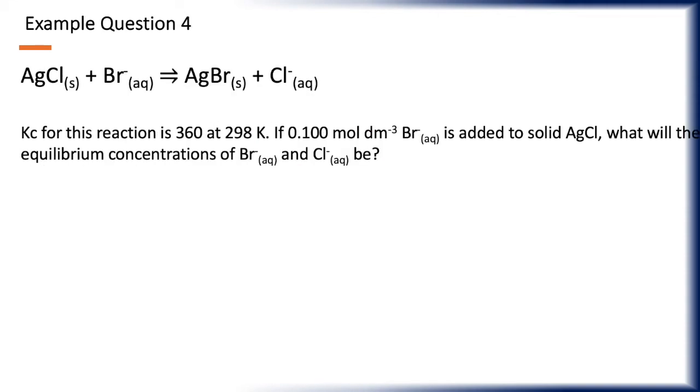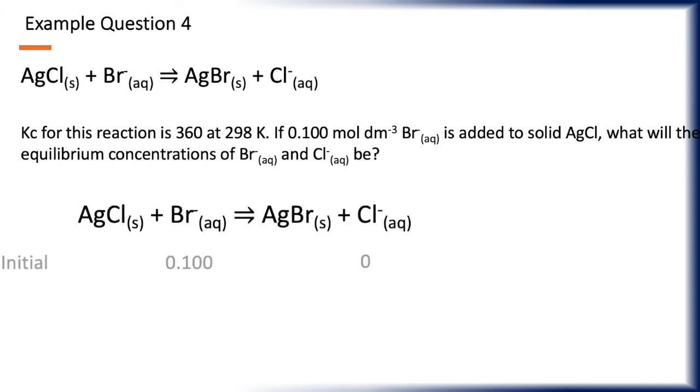Before then, we now have a heterogeneous equilibrium. So we've been given Kc at 298 Kelvin, and we have how many moles of Br minus have been added to solid silver chloride, and we need to find the concentrations of Br minus and Cl minus at equilibrium. So let's look at our initial moles. Obviously, we don't need to worry about the two solids there. They will not be included in Kc.